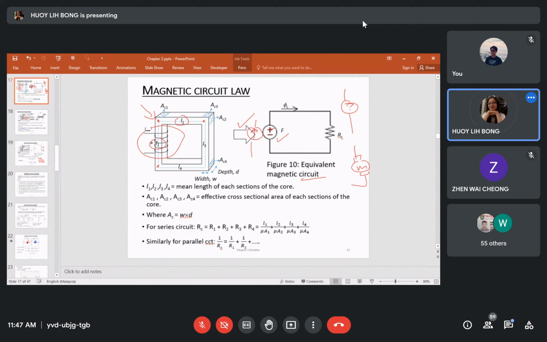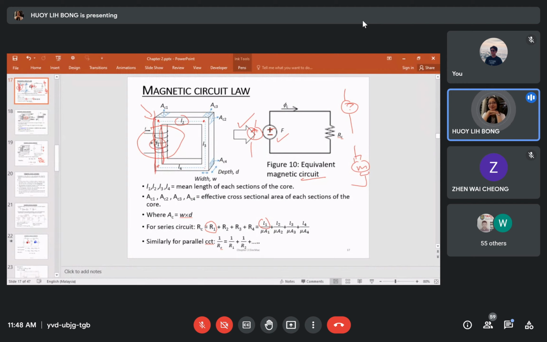If you don't specify a mean length, we can also take here to here, which is also correct. We can also take from here to here, which is also correct. It's just that the value will be smaller if you take the shortest length, and the value will be bigger if you take the longer length.